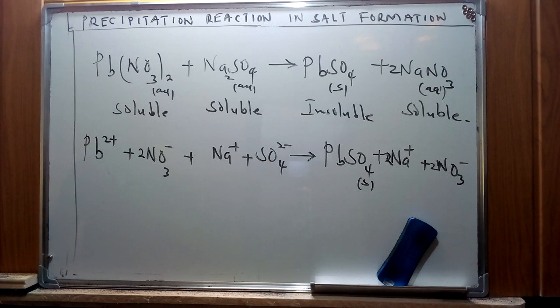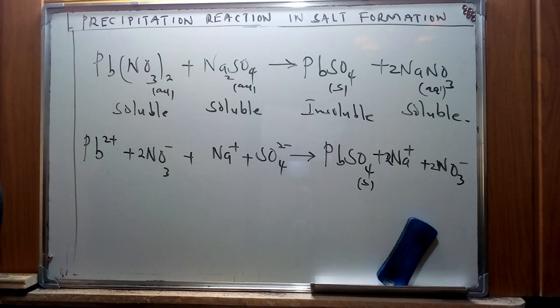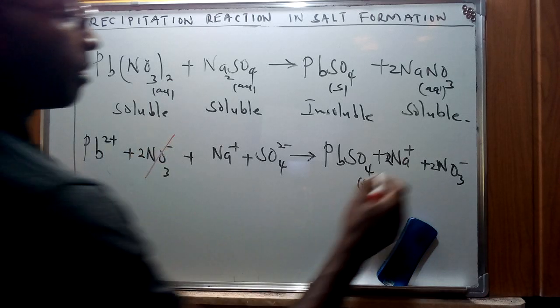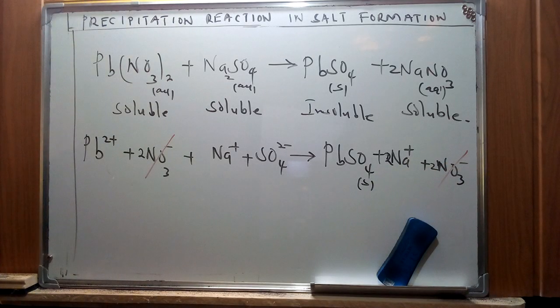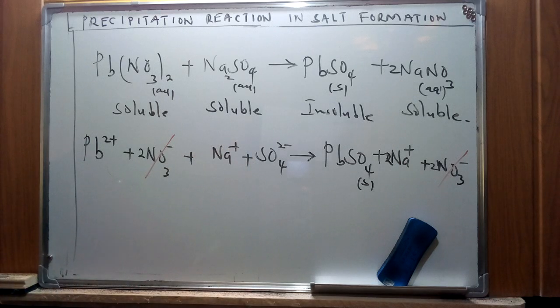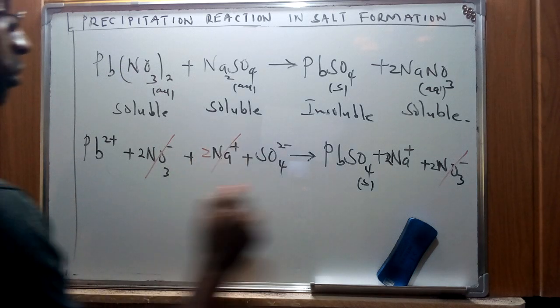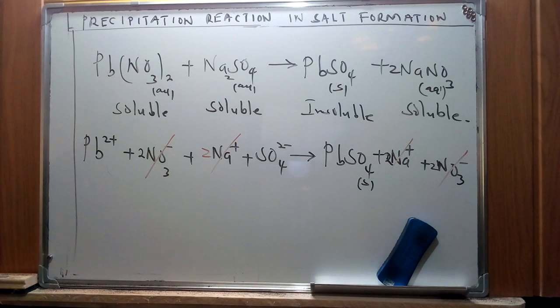And therefore, I'm trying to figure out the ions which are not taking part in the reaction, which we refer to as spectator ions. The nitrate ions have maintained their status, so they are spectator ions, together with the sodium ions.